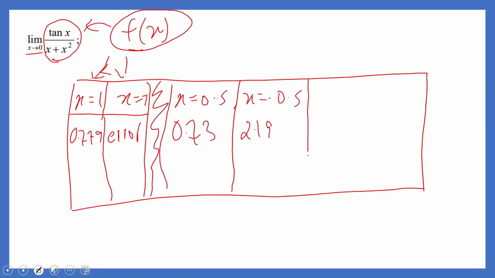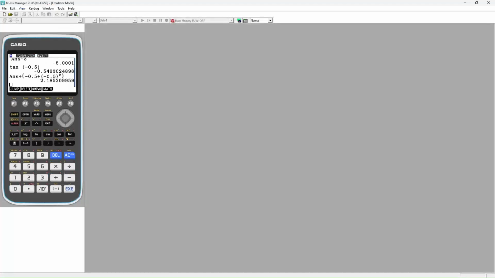Now I'm going to make a big jump, okay? I'm going to make a big jump to x equal to 0.001 and x equal to minus 0.001. So tan of 0.001, and this is going to be 0.001 plus 0.001 squared.